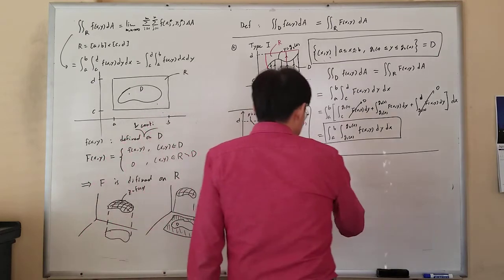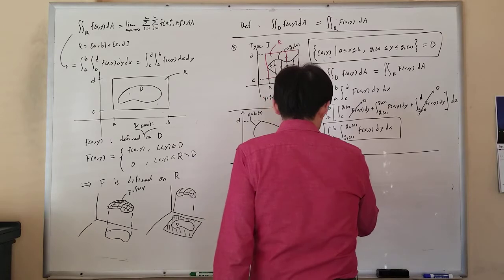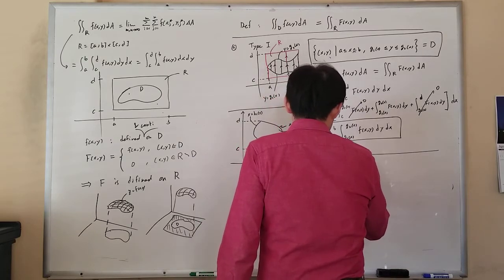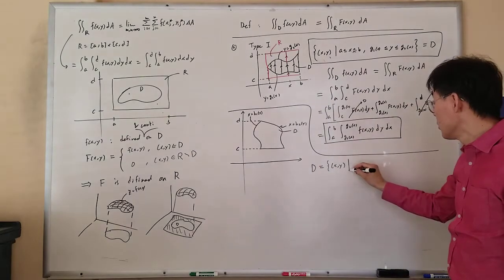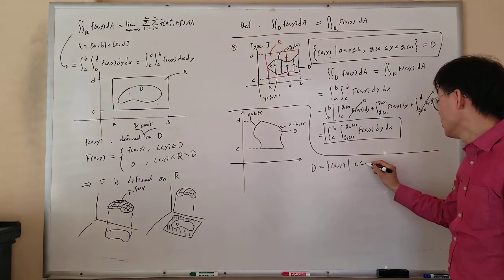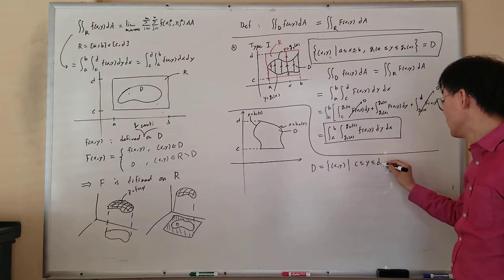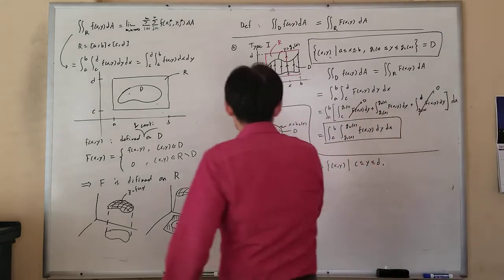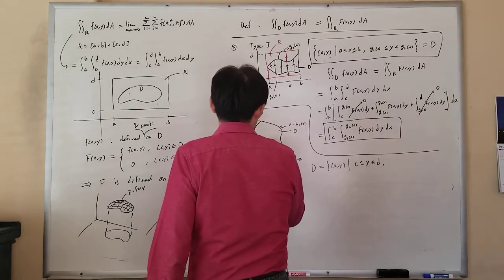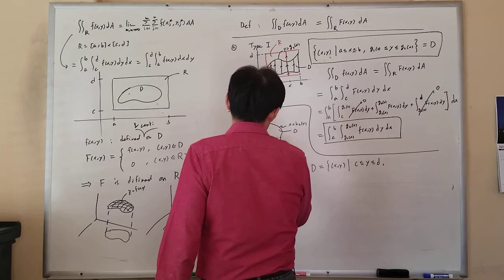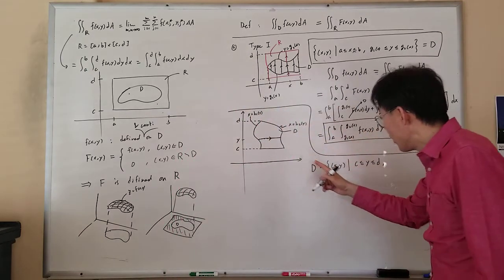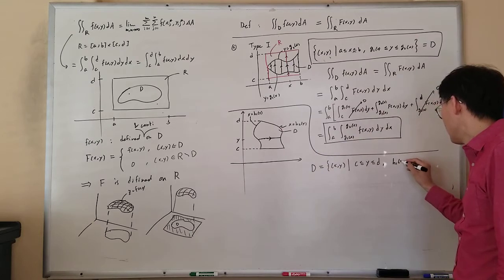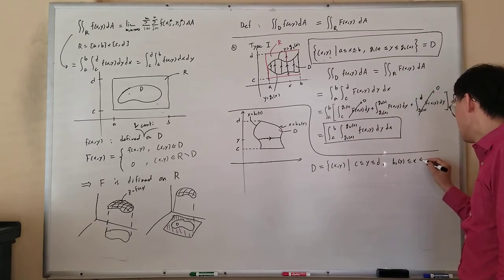So you can write domain D as the set of points x and y such that y runs from C to D, where given y, the x coordinate runs from h1 of y to h2 of y.